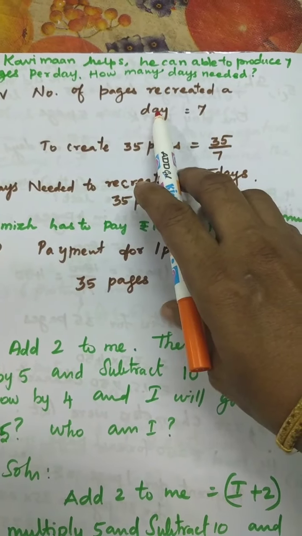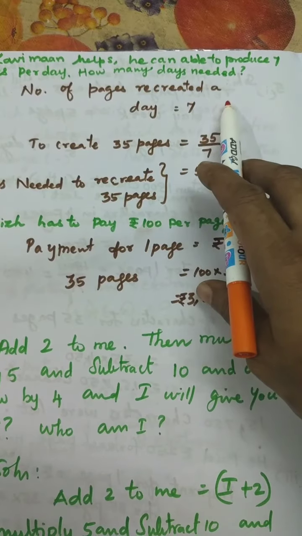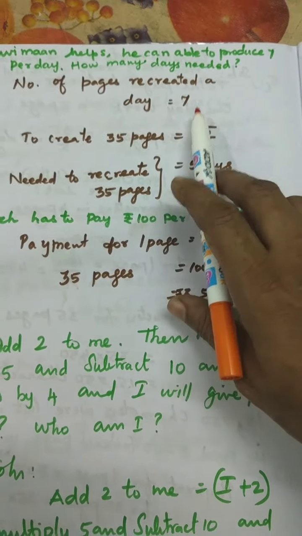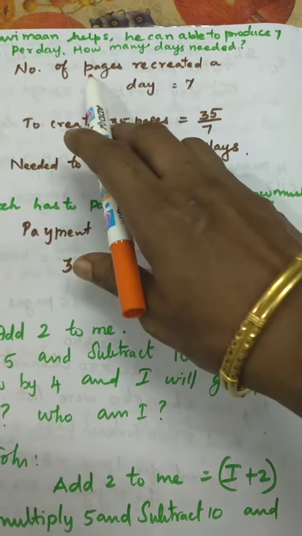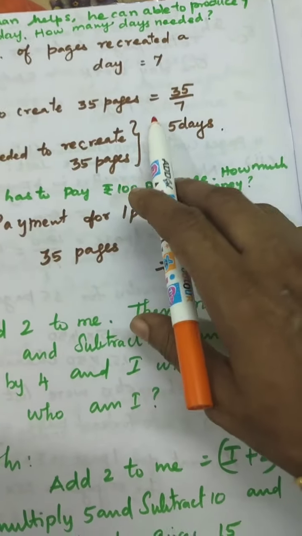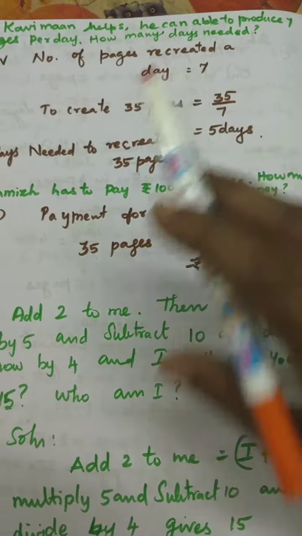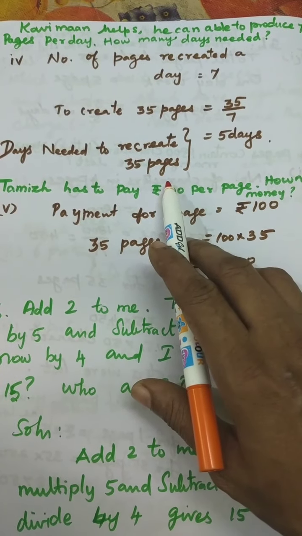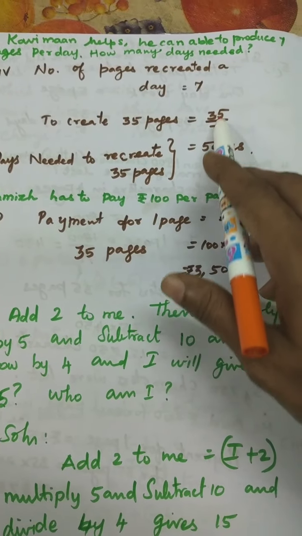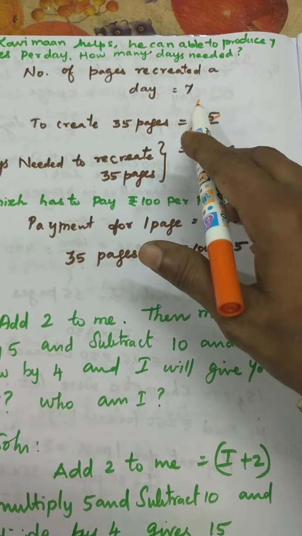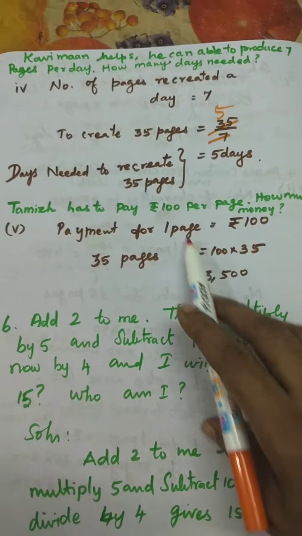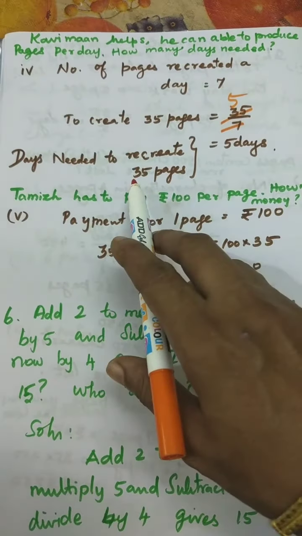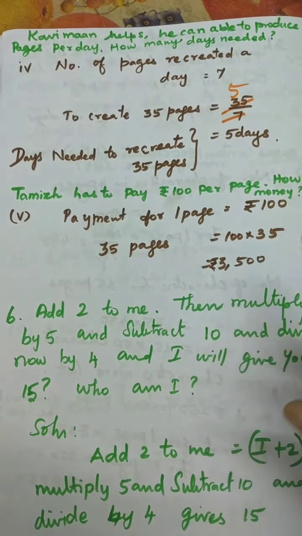Number of pages recreated per day is 7. Number of pages is 35, so 35 by 7. Days needed to recreate 35 pages, that is 5 days. You have to cancel this 7 and 35. That Kaviman needs 5 days to recreate the 35 pages.